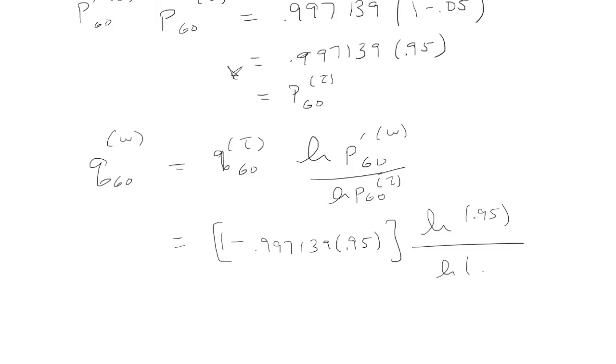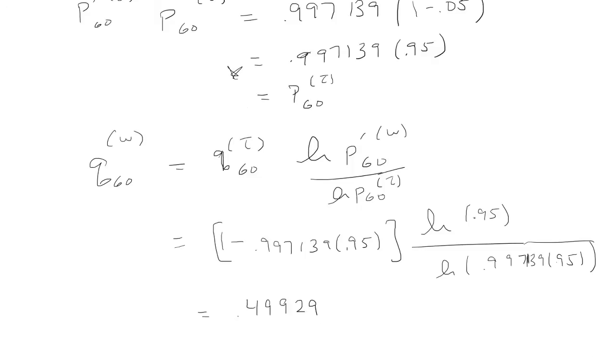And so the ln of the total probability of surviving, we can just look at it above. So plug it in and we get 0.49929.